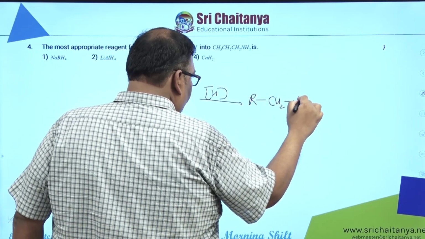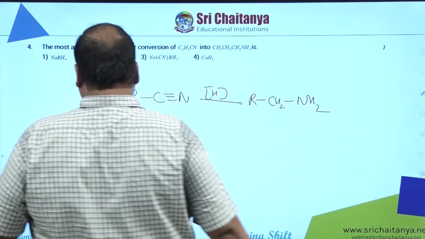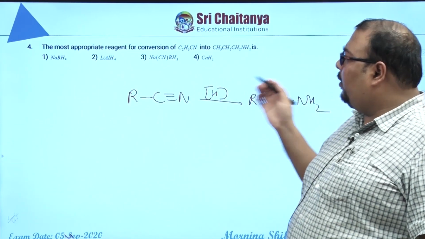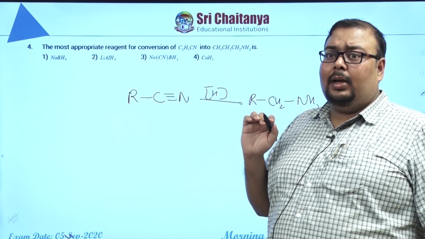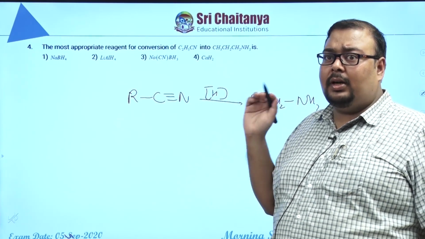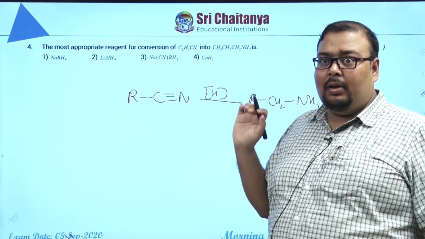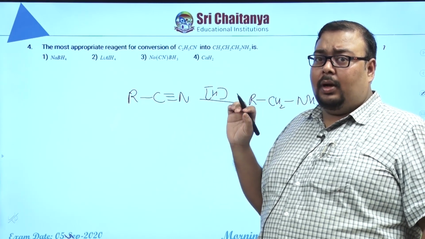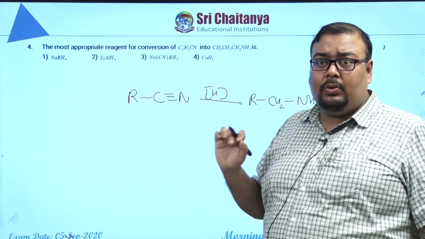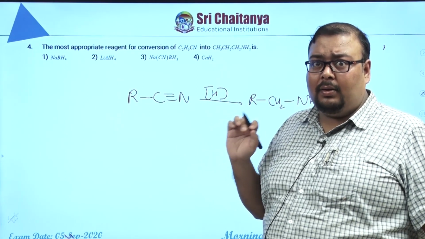RCH2NH2. Now when you are talking about the reducing power of this reagent, you see LiAlH4 is the strongest reducing agent among all these 4. Okay, so LiAlH4 will be the most suitable reagent for carrying out this conversion.